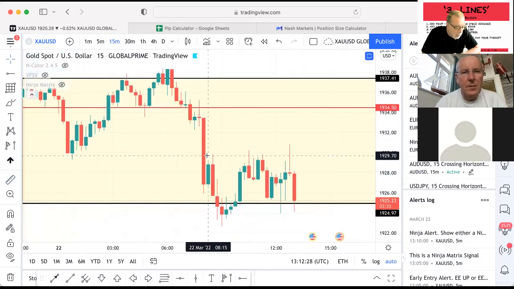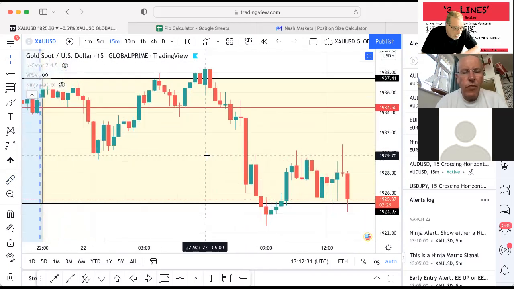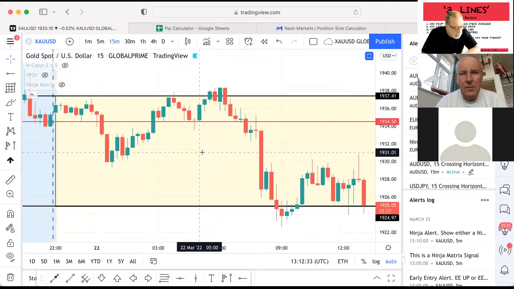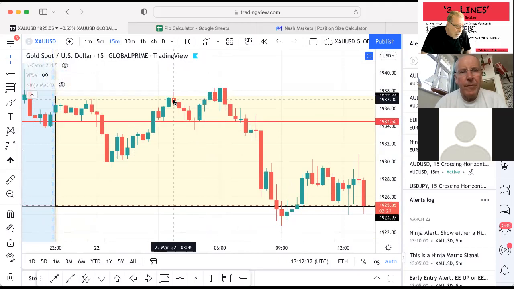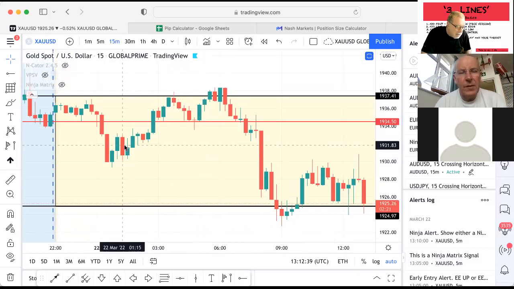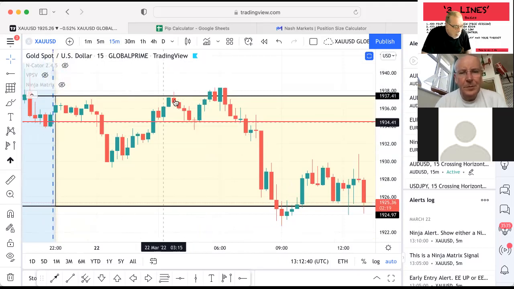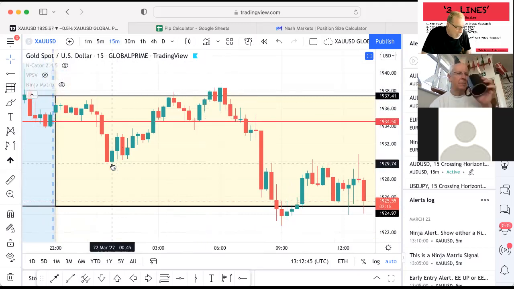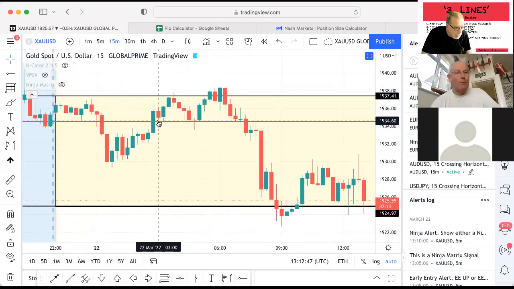As it happens, I wasn't in that trade, I was doing something else. But it just proves the theory. Well, there are two theories. There's the 3-line strategy theory, which is taking trades from above down to the target, or from below up to the target.